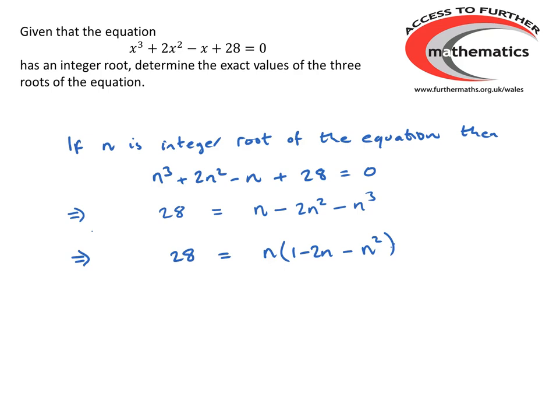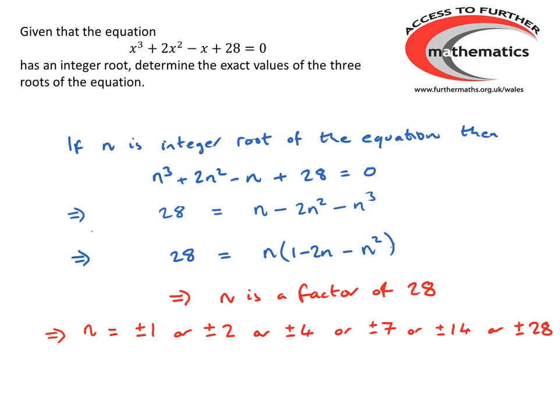So we've got n is a factor of 28, which means that we certainly know that n is plus or minus 1, or plus or minus 2, or plus or minus 4, or plus or minus 7, or plus or minus 14, or plus or minus 28.